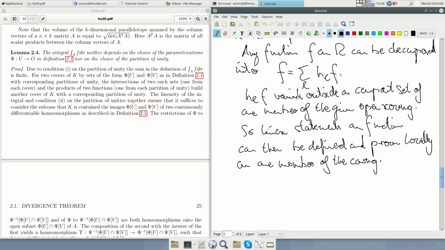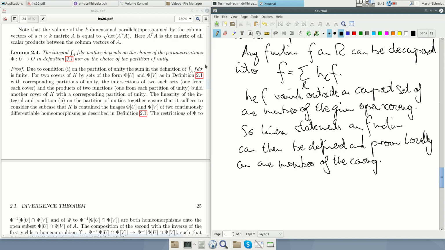Because we decompose this function as a sum of functions which vanish outside a compact subset of one of this open covering. And then, if it's linear, it's enough to define or prove some statements for these local functions, and these local functions vanish outside a compact set of one member of this covering.